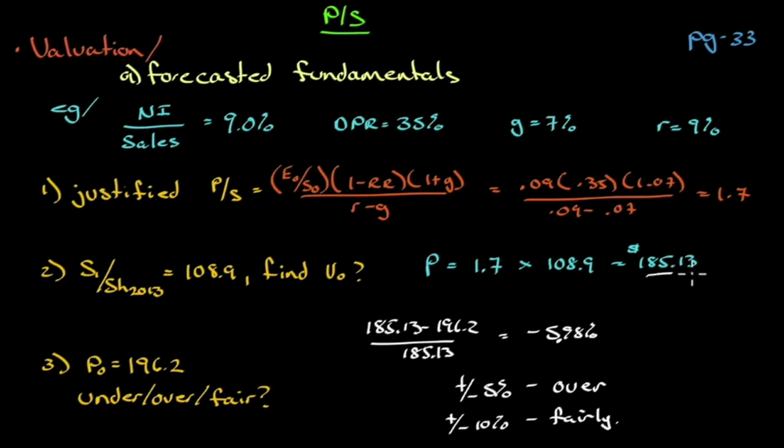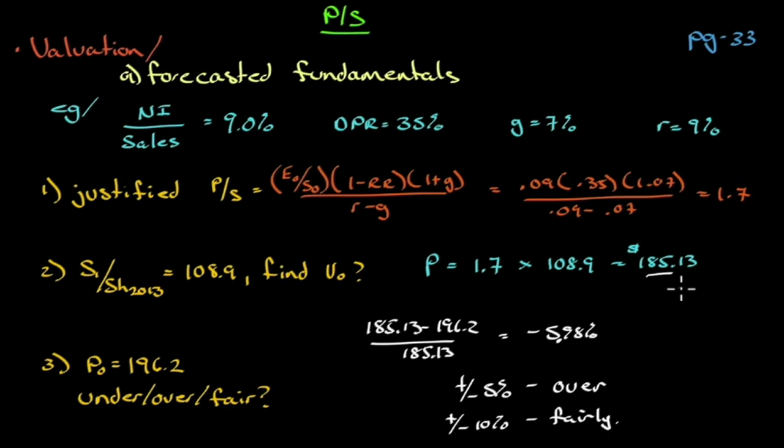Will I take 185.13 to be the intrinsic value? Well, probably not. I'll probably price it a number of ways. That will set up my range without me having to say plus or minus 5 or 10%. I might price it out with a few different models to see what the range is. So I hope you're getting used to the idea now that the answer that we get to is a lot fuzzier and not as clear as we would have seen in level 1.